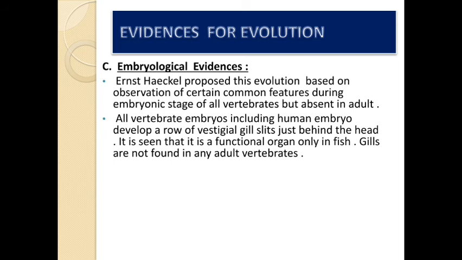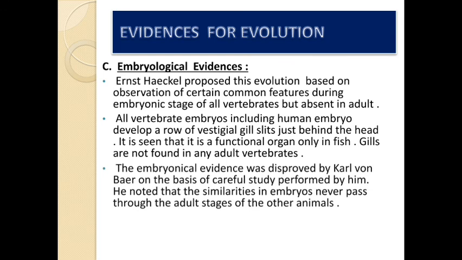In human beings also we don't find gills. So gills are not found in any adult vertebrates, only in fish. Clear? From this we can say that at some stage of life the origin or ancestor is the same, that means all look similar. So somehow the organisms might have evolved from one to the next. So this may be evidence.